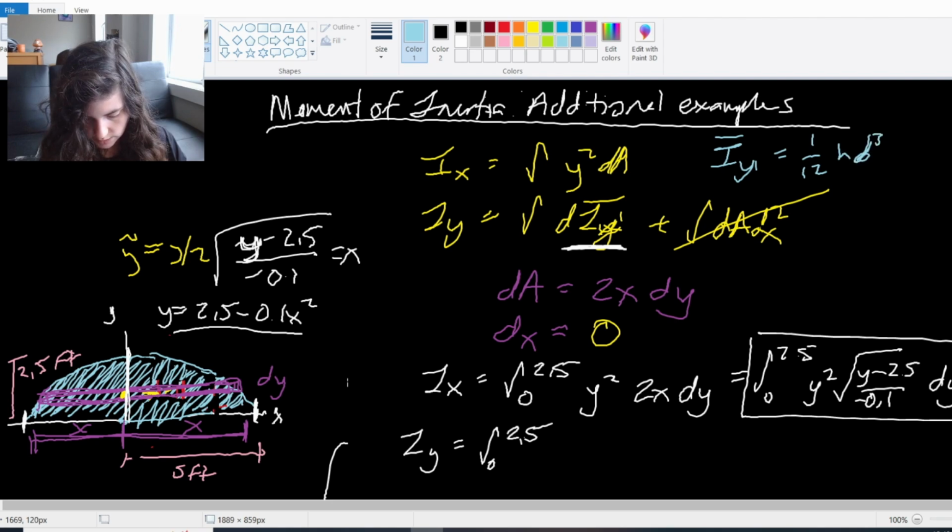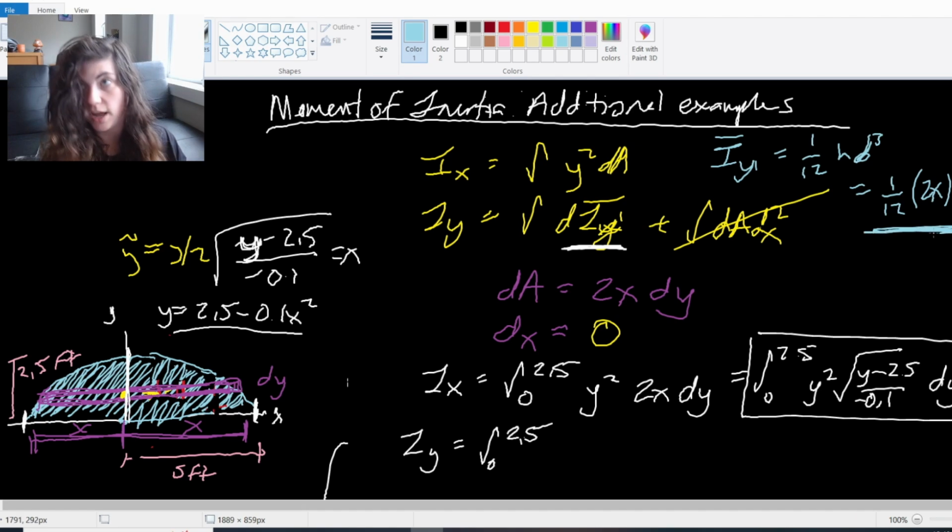Or in our case, the height is dy, and the base again is 2x. So here I've got 1/12 times 2x cubed dy. And there's no secondary term for that.